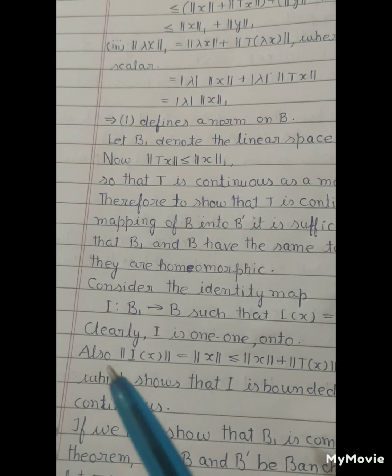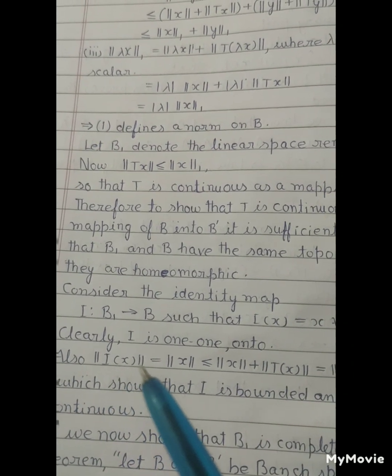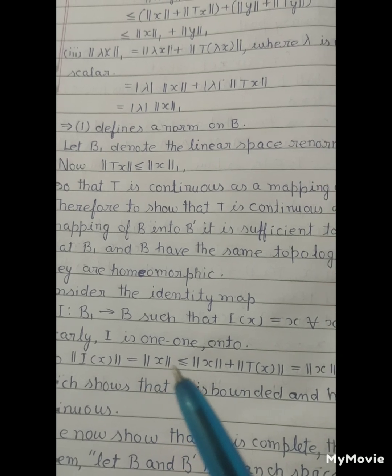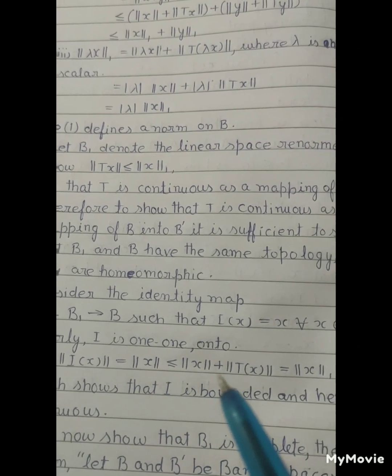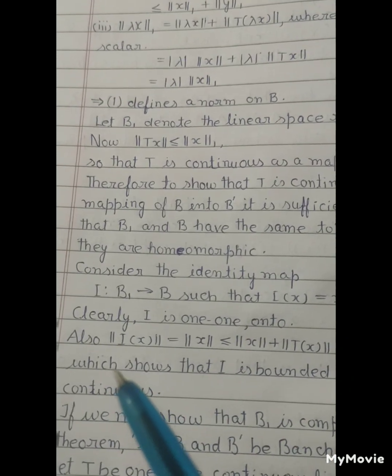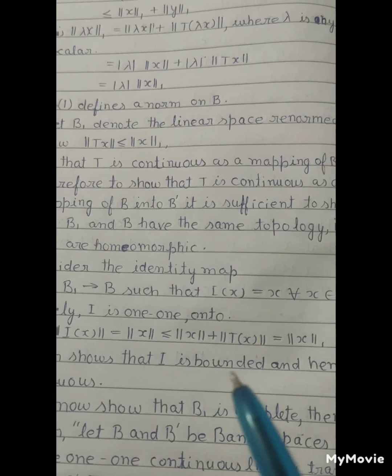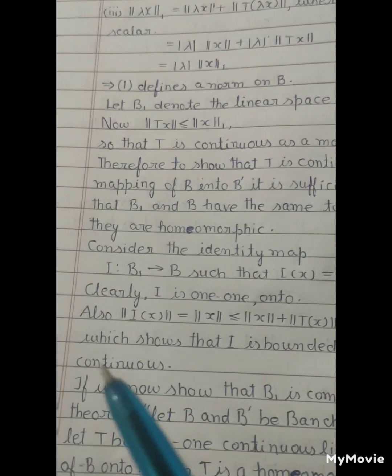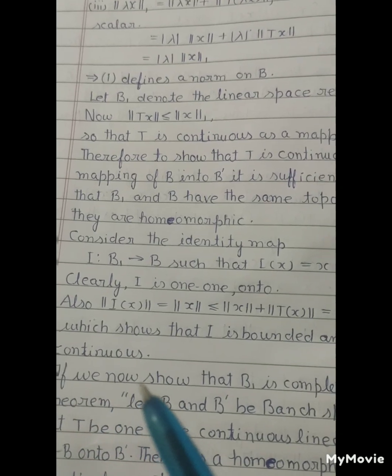Clearly I is one-one and onto. Also norm of Ix equals norm of x is less than or equal to norm of x plus norm of Tx, which equals norm of x1, which shows that I is bounded and hence continuous.